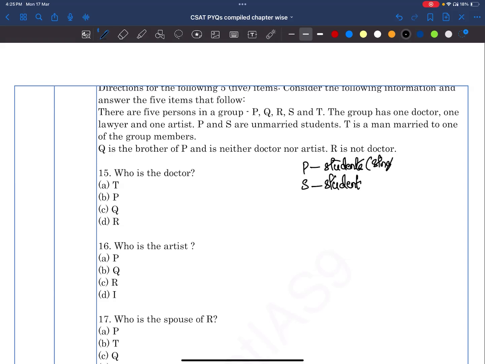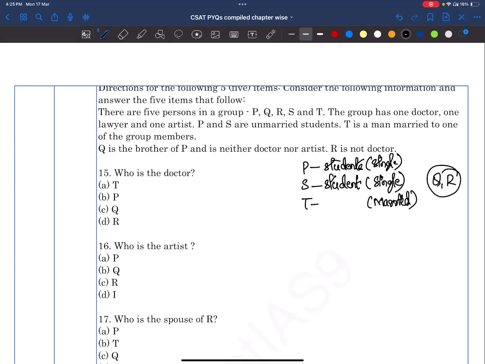T is a man married to one of the group members. Who are left? Q and R are left.